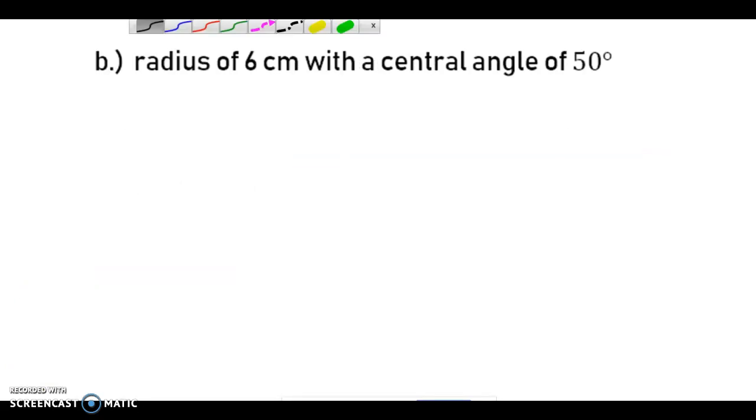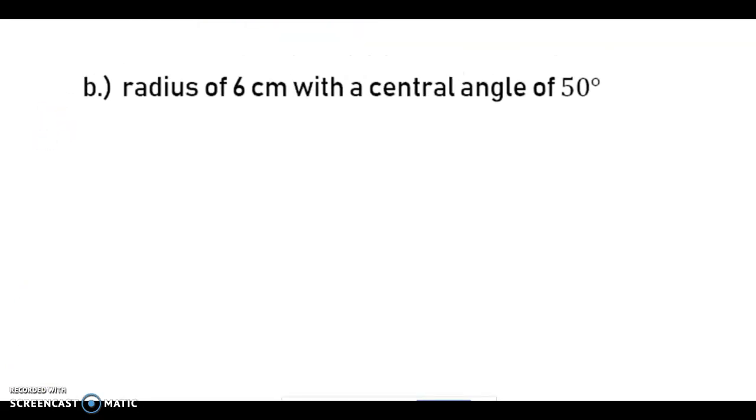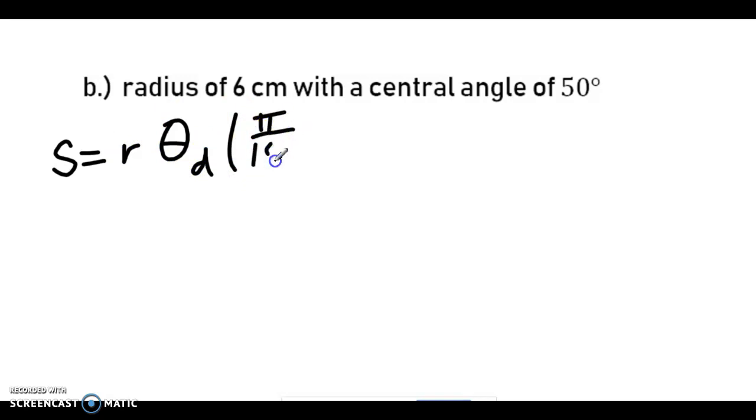Okay, because our angle is in degrees, we use a different formula. So arc length is going to be radius times theta in degrees times pi over 180. So we know our radius is 6.